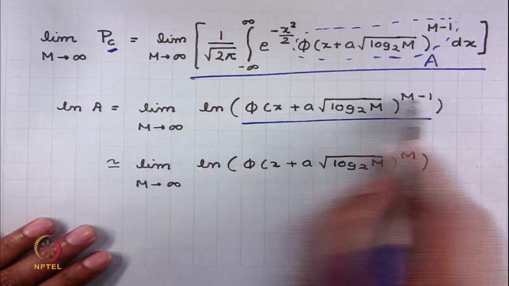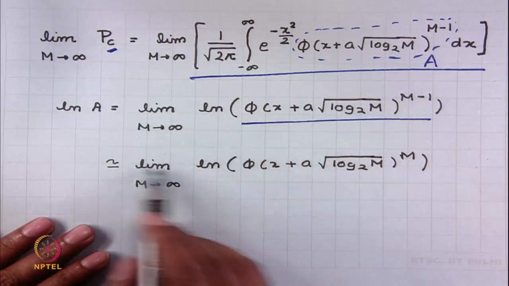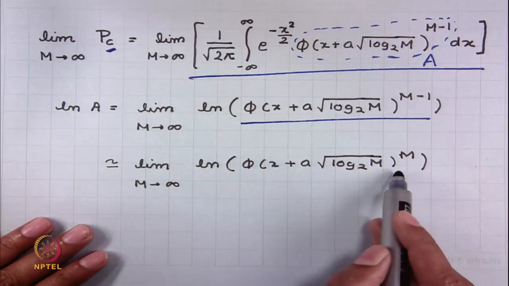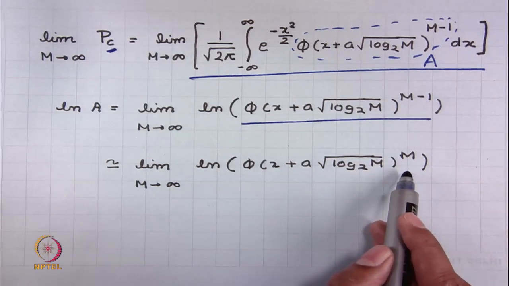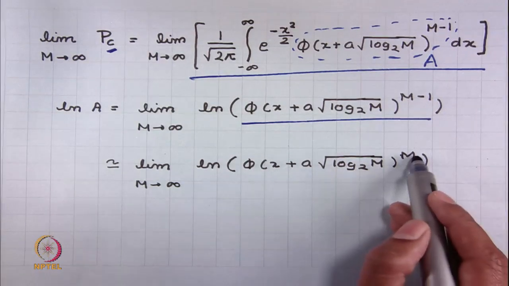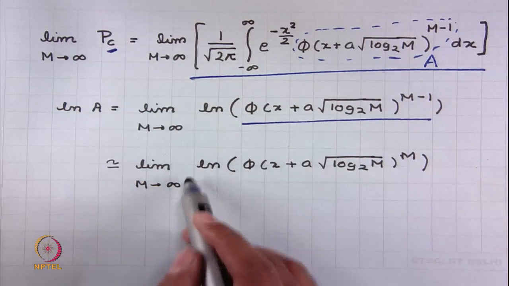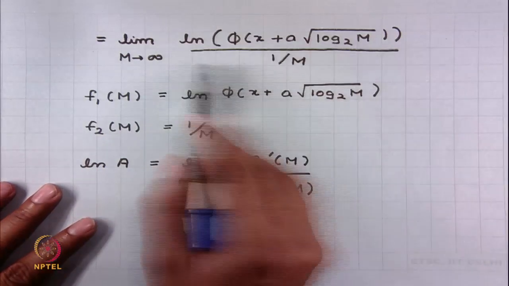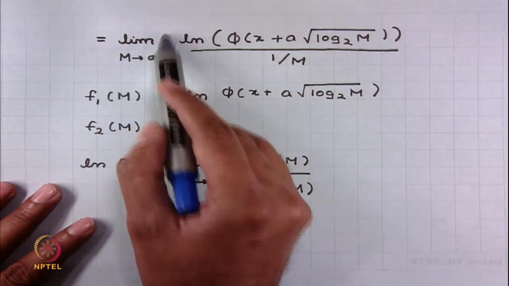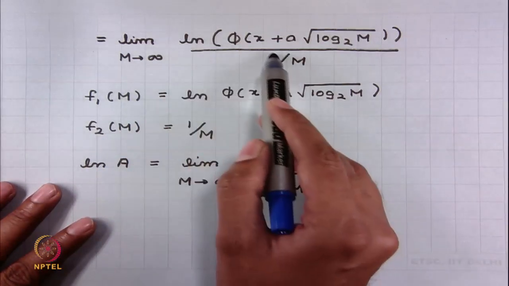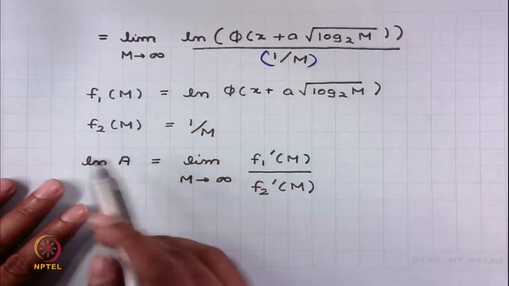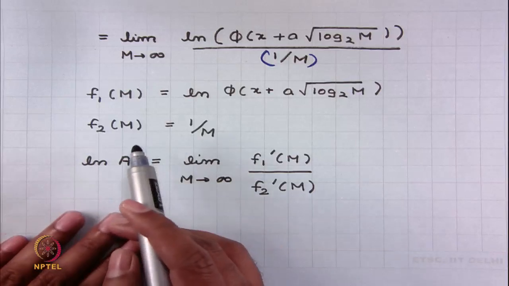If m tends to infinity, m minus 1 is the same as m. So, from here we can get to this simpler form, and now we can also bring this m to this side, and so that limit is simply this, where instead of writing m I have written it as 1 by m, for some strange reasons that will become clear now.